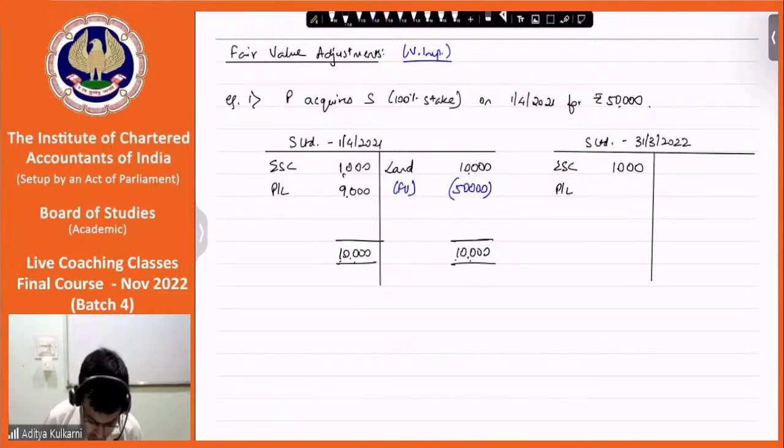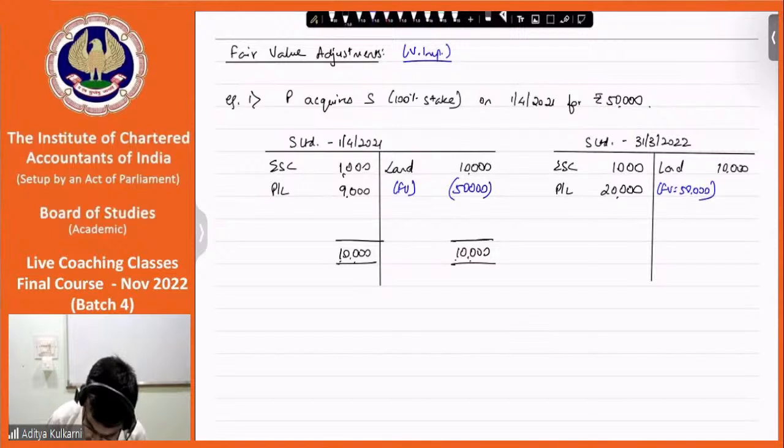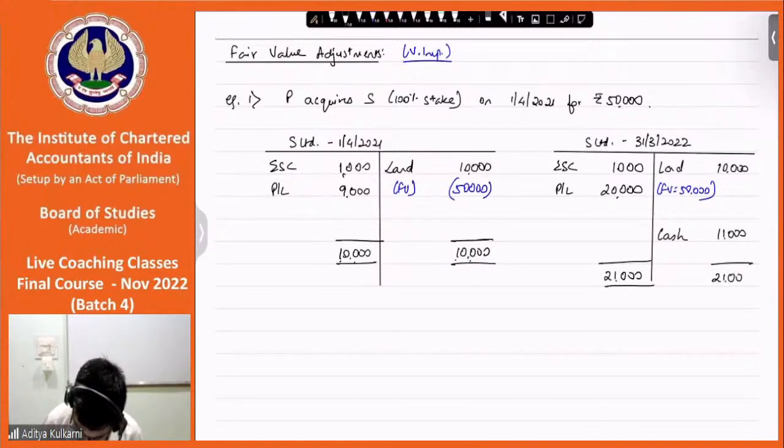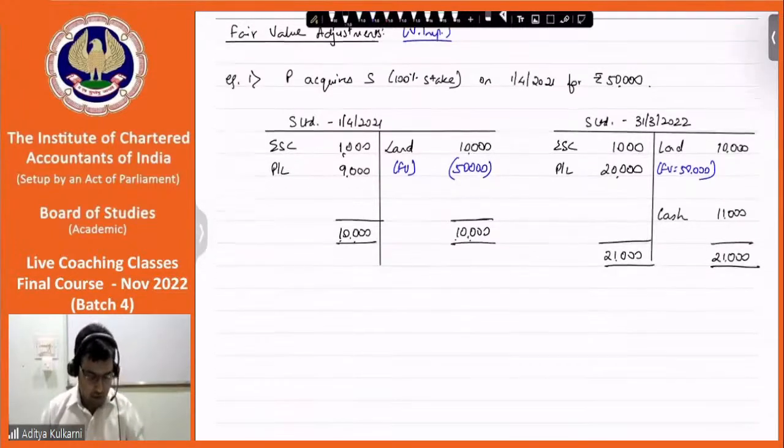Profit and loss 20,000. Land is still there, 10,000, whose fair value is 50,000. And additionally, I will be having cash, 21 minus 10, 11,000. So this is the balance sheet as at 31st March 2022.